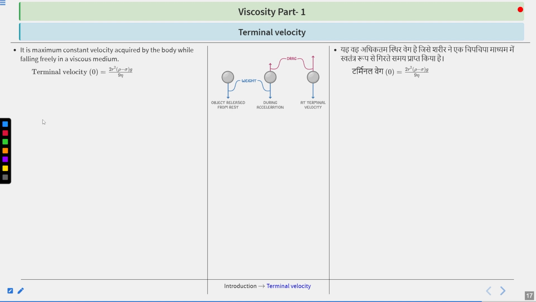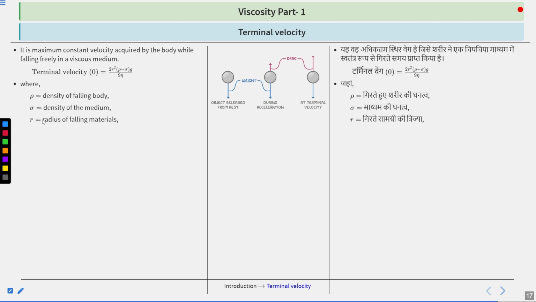Terminal velocity is represented by v equals 2 r squared (rho minus sigma) g by 9 eta, where rho equals density of the falling body, sigma equals density of the medium, r equals radius of the falling body, g equals acceleration due to gravity.